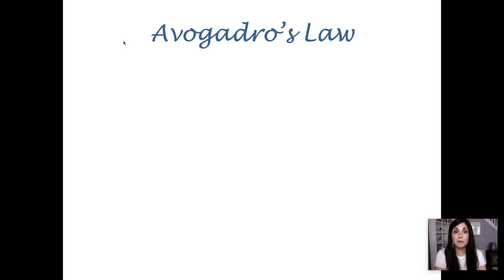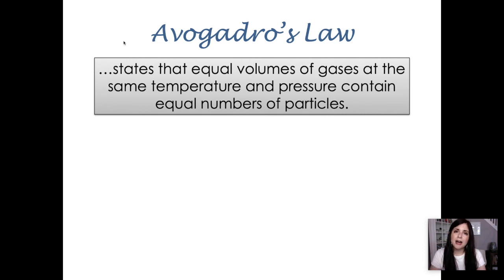So he did come up mostly with this right here. It has to do more so with gases and the volume that 1 mole of a gas takes up. So Avogadro's law states that equal volumes of gases at the same temperature and pressure contain equal numbers of particles.